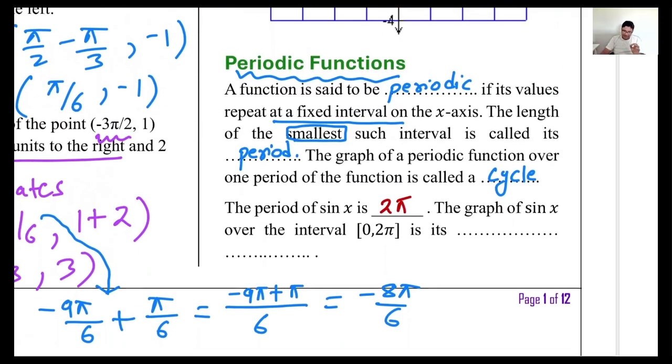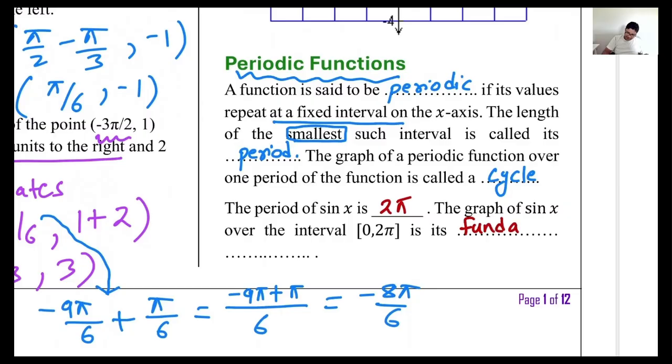That particular period is its fundamental period, or fundamental cycle. The reason for that we will see later, because when we want to know the solutions of an equation, we generally are interested in the values that lie in the fundamental period or in the fundamental cycle.